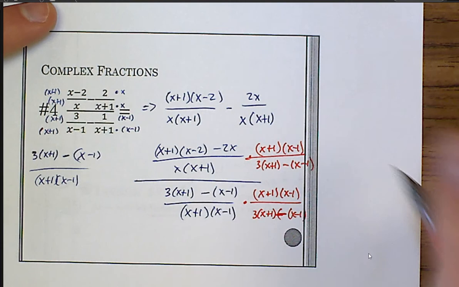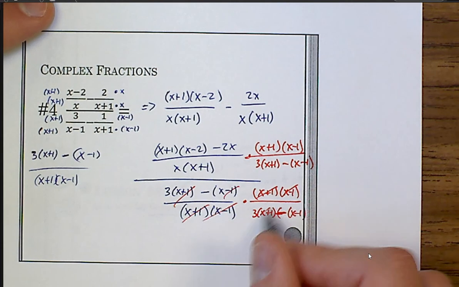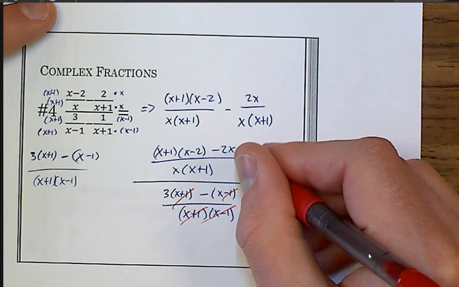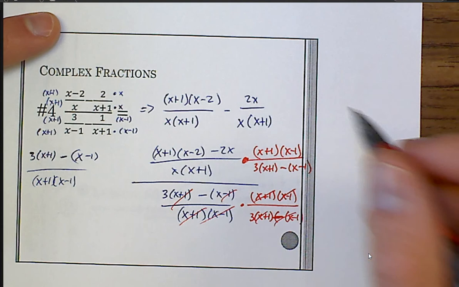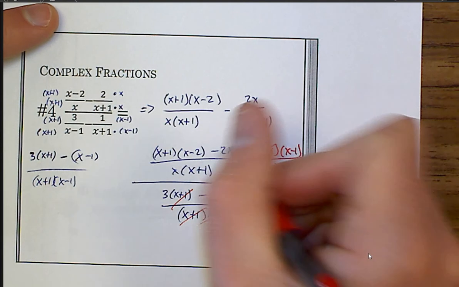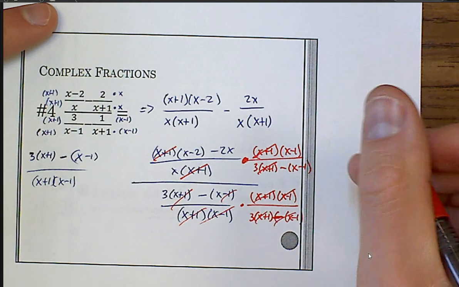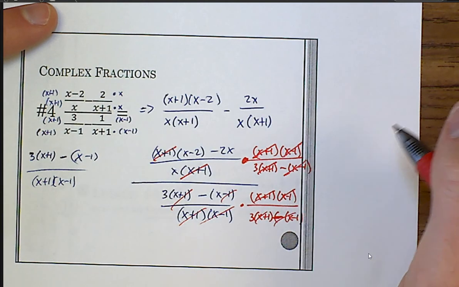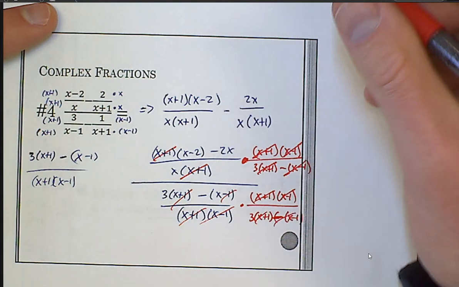So these obviously are all gone because it's the same thing, and then on the top again I'm multiplying, so what can cross out? The x plus 1s can go. I have another x plus 1 that can go. I have an x minus 1 and an x minus 1 that can go. And let's see, what else do I have? I think that's about it.